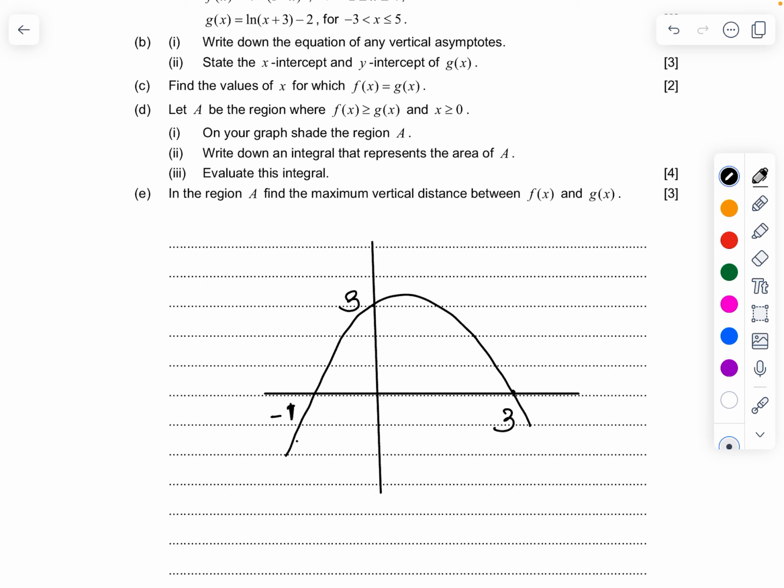Then the next graph should be negative 1 and 4. It should be like this. It is passing through negative 1 approximately, and this is passing through 4.